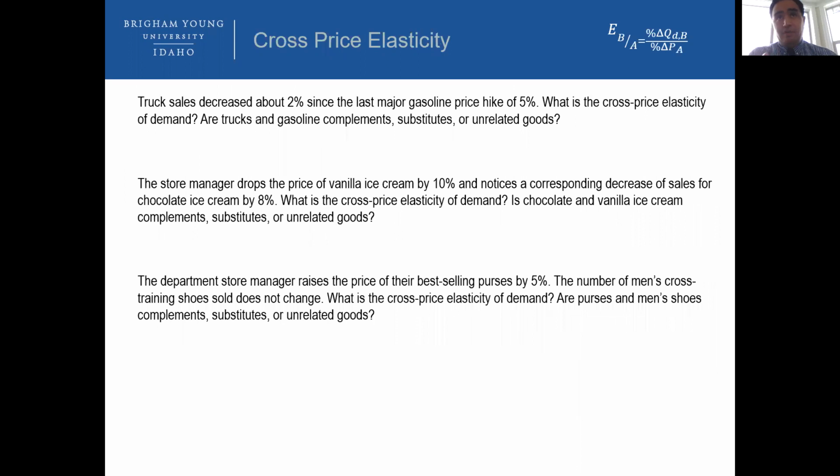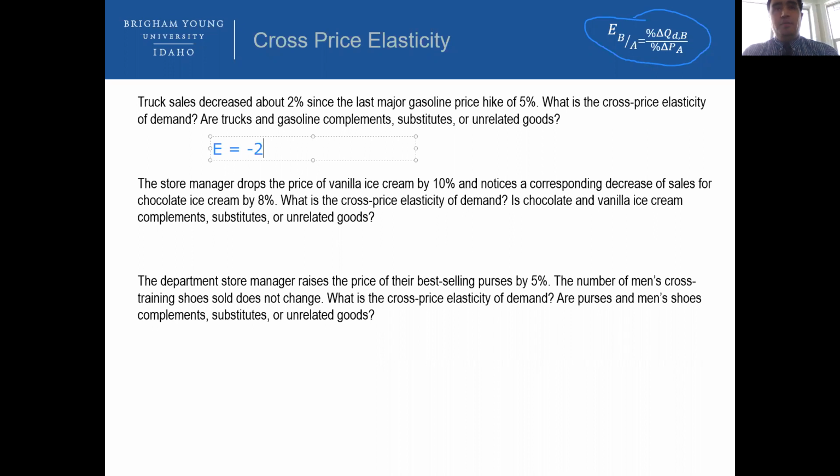And I've got a couple of examples here. Let's say truck sales decreased about 2% since the last major gasoline price hike of 5%. What is the cross price elasticity of demand? Are trucks and gasoline substitutes, complements, or unrelated goods? And I kept the formula up here, which should help a little bit as we do this. So let's think about this. Elasticity equals a percent change, truck sales decreased by 2%.